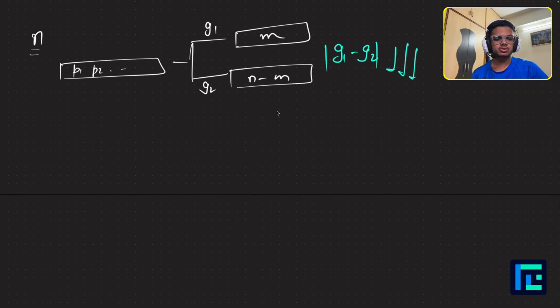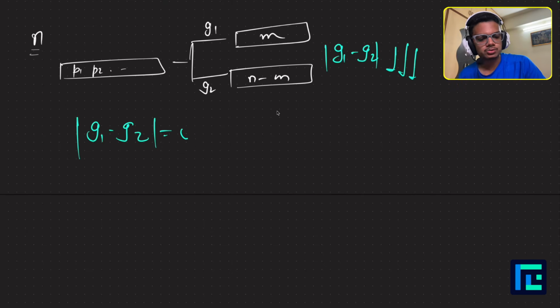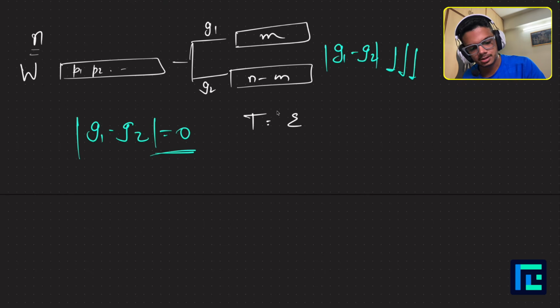Now how small can you go? The smallest would be 0. So the best case you can achieve is if you can achieve g1 minus g2 to be 0, then it will be great. So try to get the sums of both sets to be as close as possible. If the total sum is t, where t is the summation of the weight array w, maybe just try that both sets have weight t by 2.